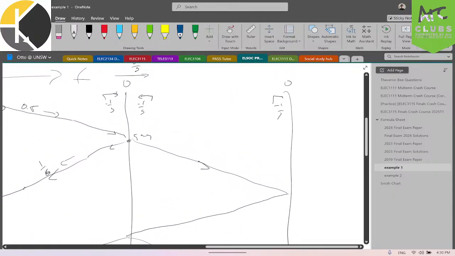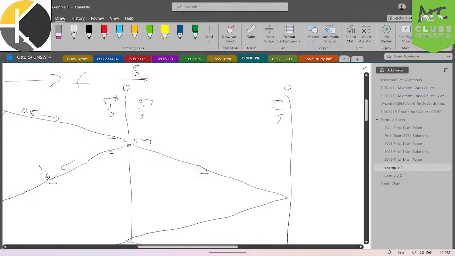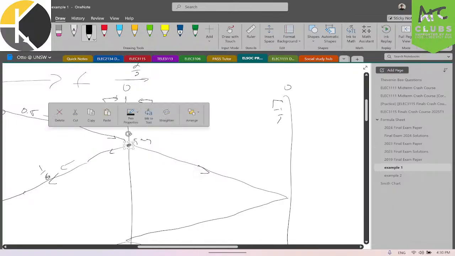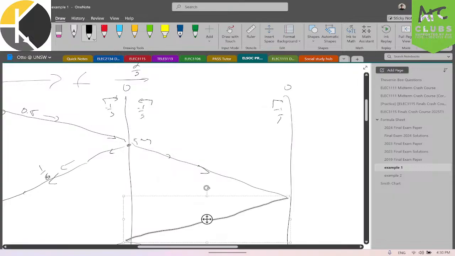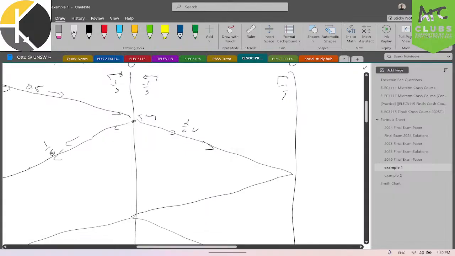So this is going to be 2/3 times half. So 0.33 volt. You can also write the currents, but the currents are just this divided by 50. Like it's going to be the same thing.